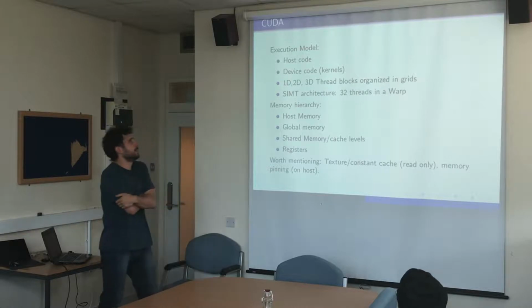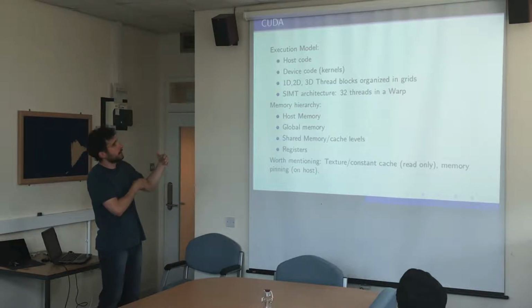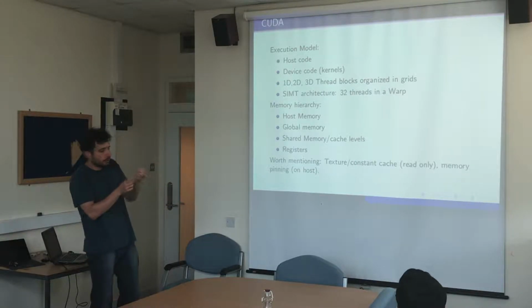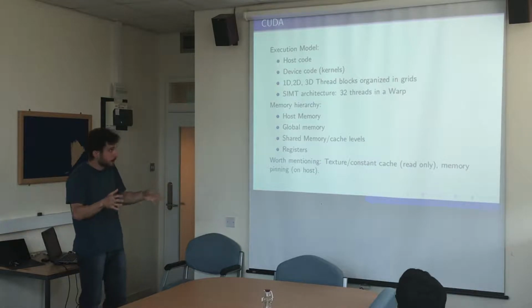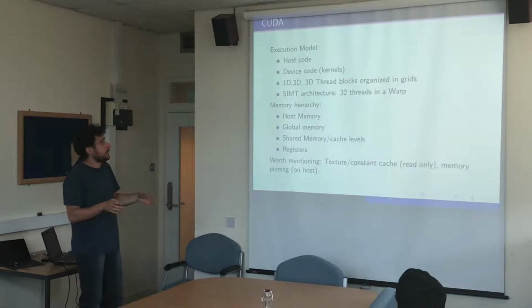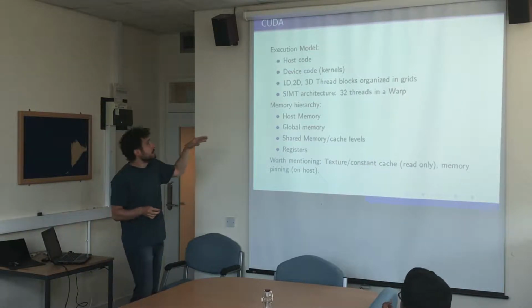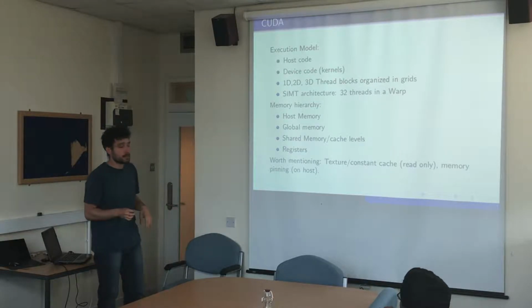We have threads. I mean, the unit of work that all the kernels do is divided basically in threads, which are grouped into blocks. And these blocks can be organized in 1-dimensional, 2-dimensional, 3-dimensional grids.